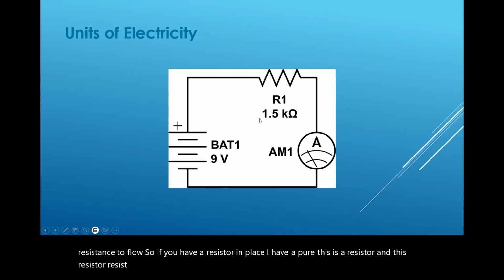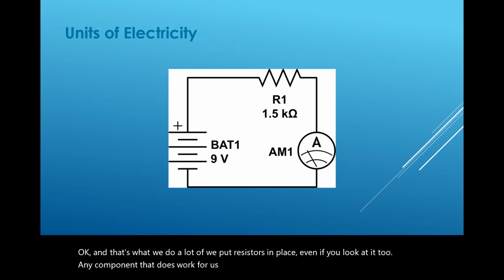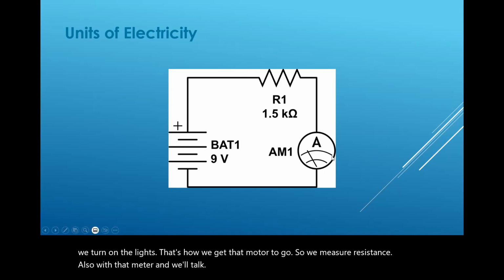Okay, we put resistors in place. Even any component that does work for us has a certain amount of resistance to it. And that's how we turn on the lights. That's how we get that motor to go. So we measure resistance also with that meter. And we'll talk more about that as we go along too.